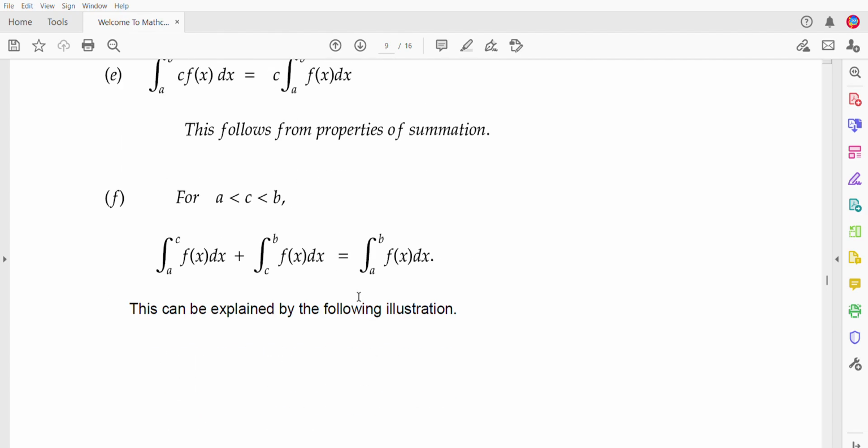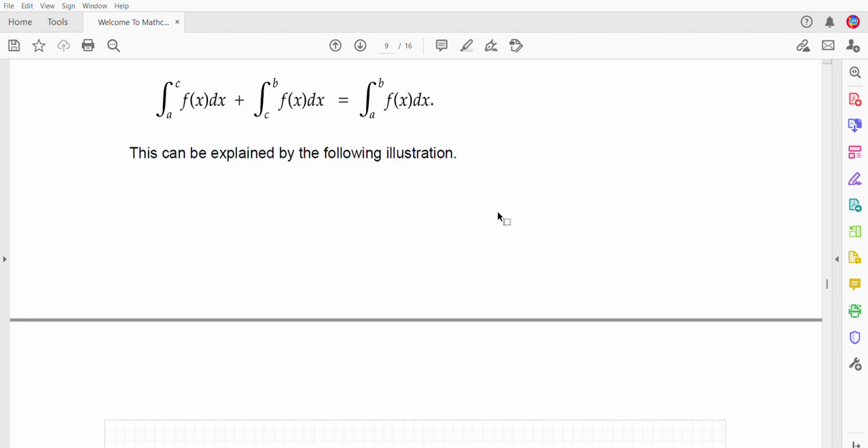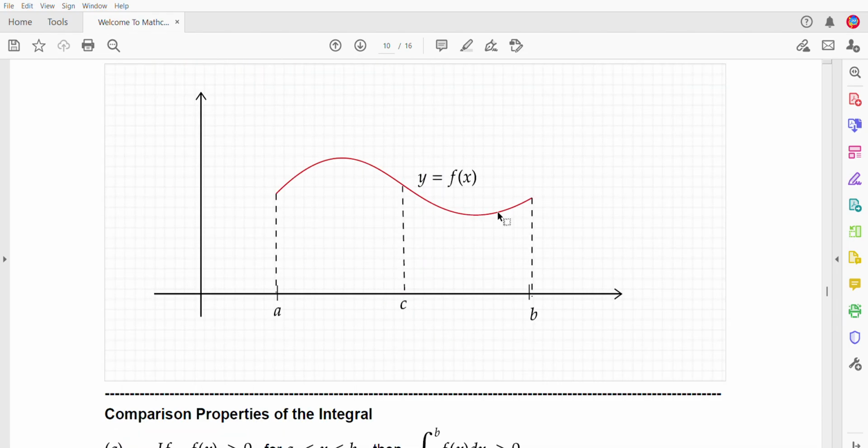Now, this is an interesting one. For any c between a and b, definite integral from a to c f(x) dx plus definite integral c to b f(x) dx is definite integral a to b f(x) dx. What does all this mean? Here is the picture. a to b is here. That's my function.